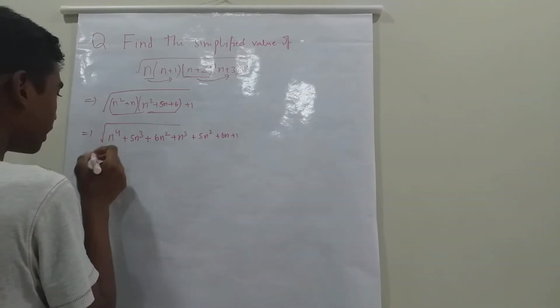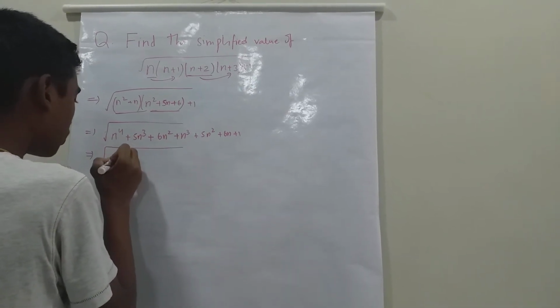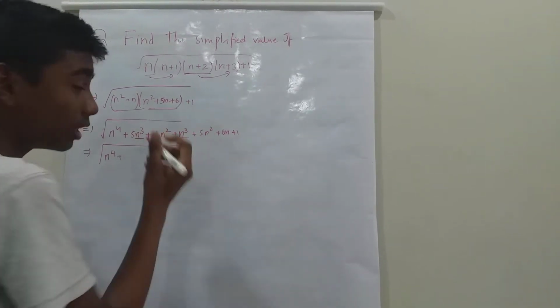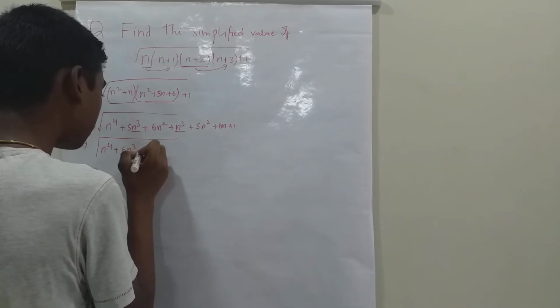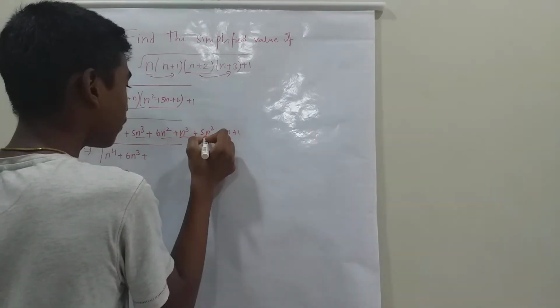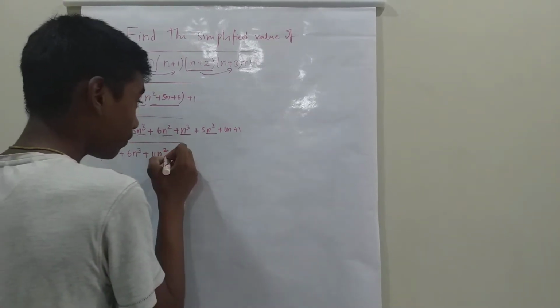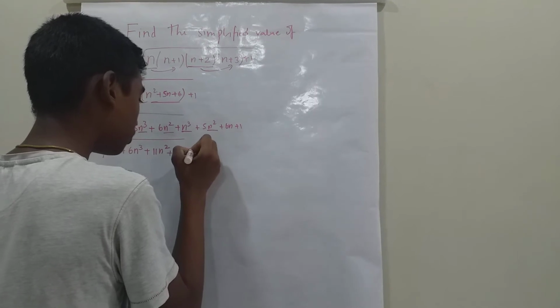So when I just take the terms, n to the power 4 plus 5n cubed, and here's a 5n cubed too, so that's 6n cubed, plus 5n squared, that's 11n squared, then plus 6n plus 1.